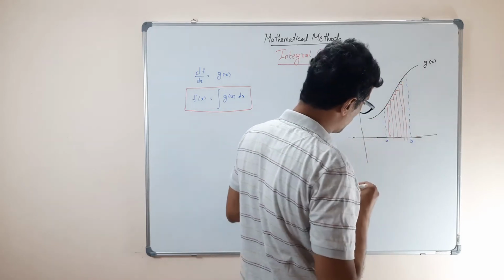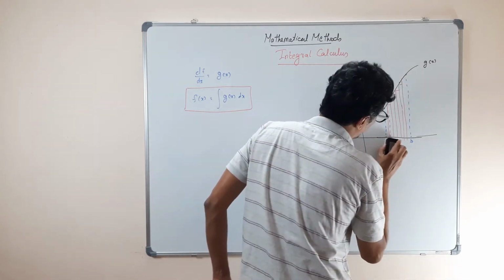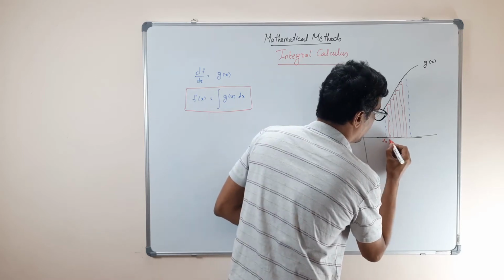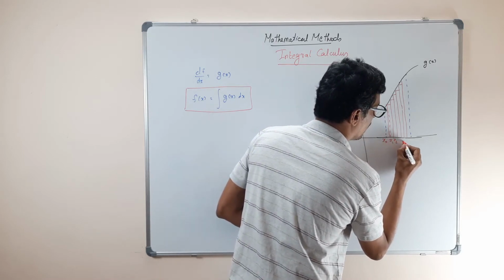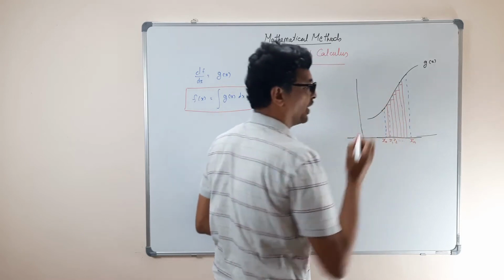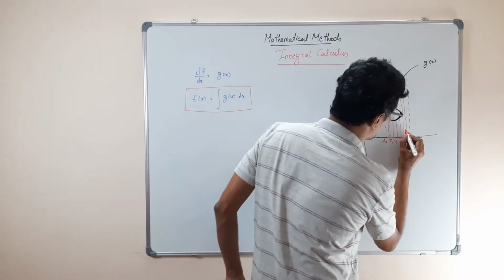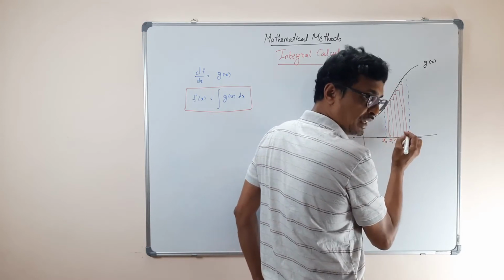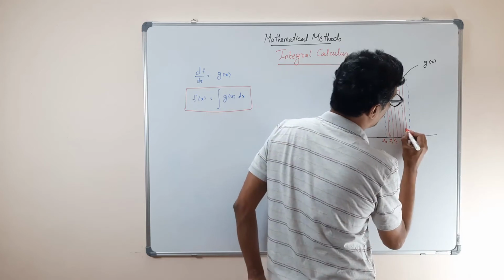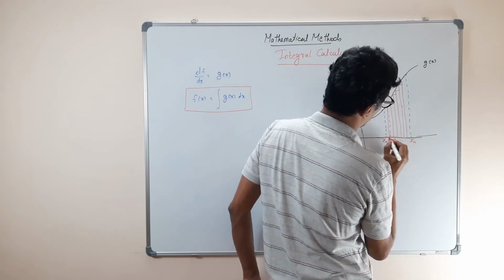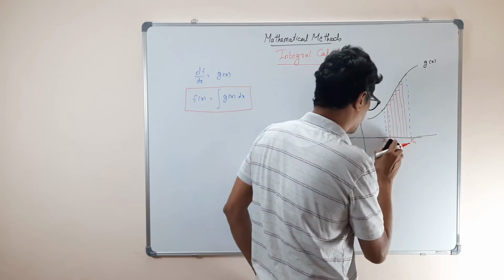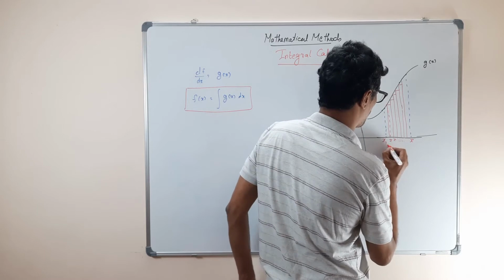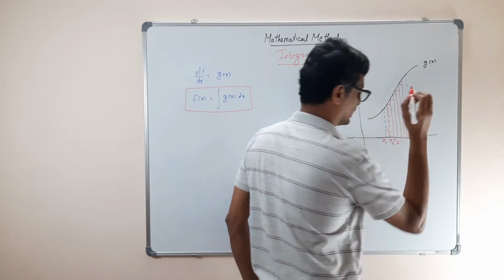Instead of A and B, I will write these points as x0, x1, x2 up to xn. Each of these divisions is a gap. In your book, they don't have from 0, so let me take x1, x2, x3 up to xn.